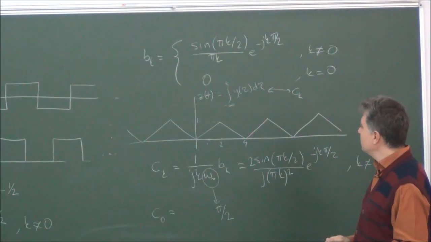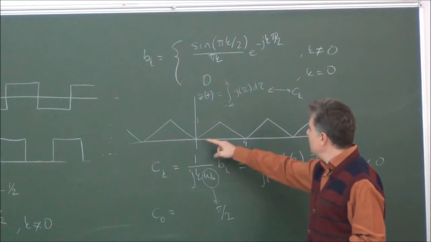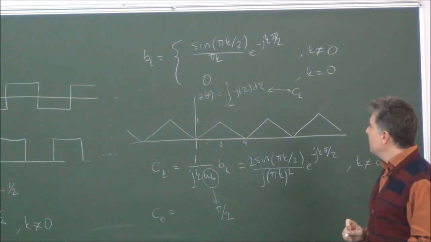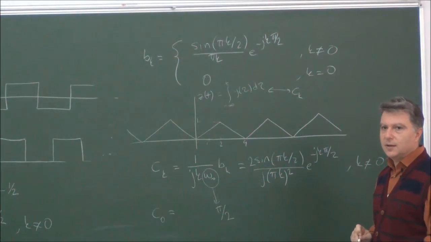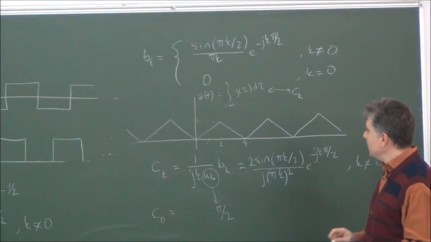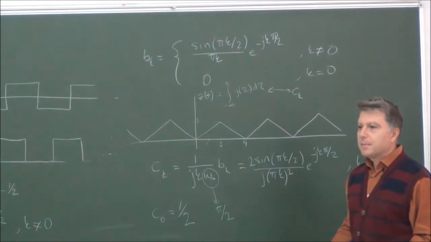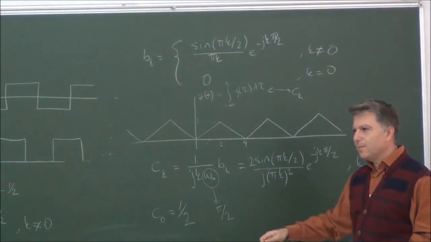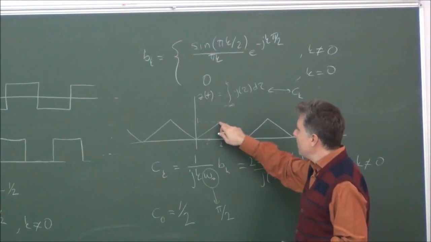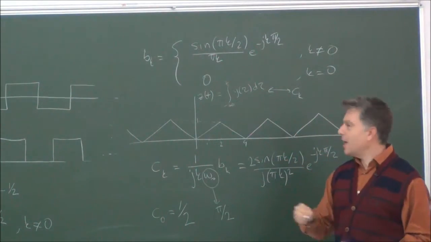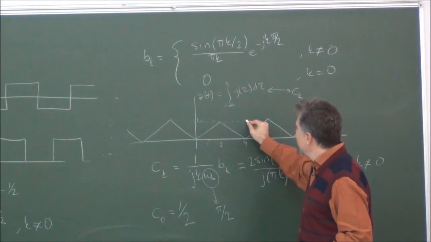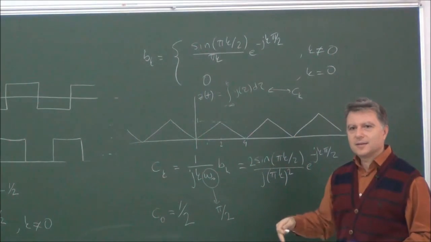What you really need to do is you need to evaluate the DC value here, and the DC value here is still 1 over 2, because for a triangular form up to the level of 1, it occupies half of the area of a full rectangle.